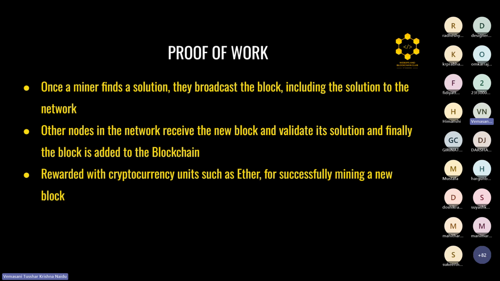Imagine every node running to solve this tough mathematical puzzle, spending so much computational resource, and in the end only one node gets it, and he publishes, and other nodes just validate it and add it to the blockchain.